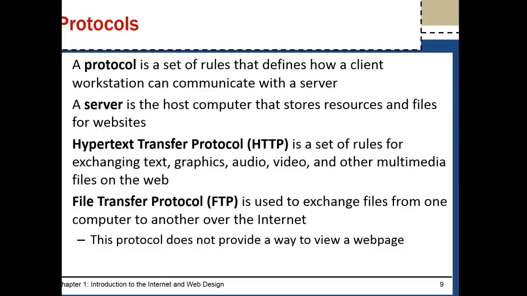The next thing that the internet needs in order to work is a protocol. A protocol is basically a set of rules that define how a client workstation can communicate with a server. So what's a server? A server is a host computer that stores resources and files for the website.